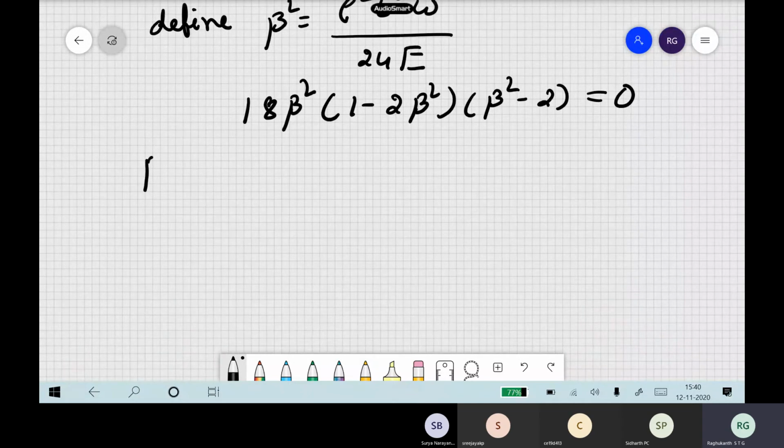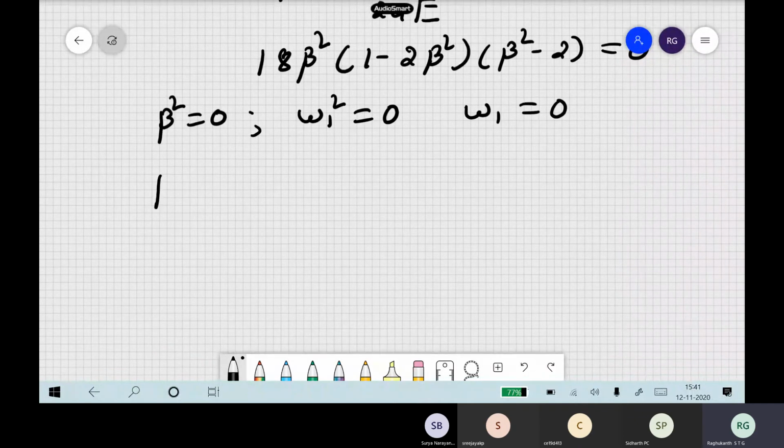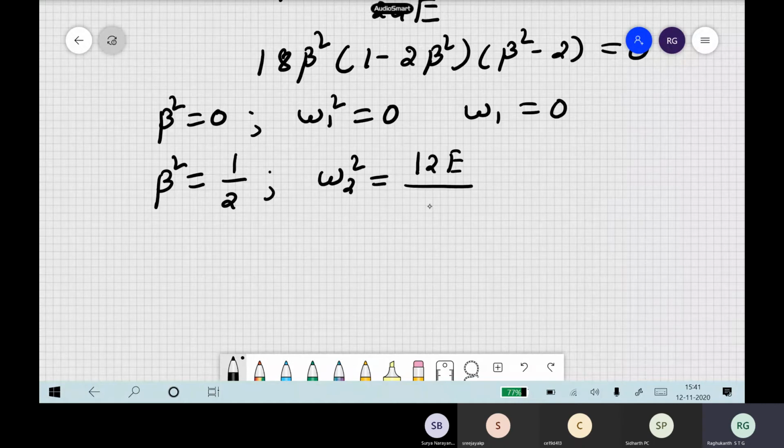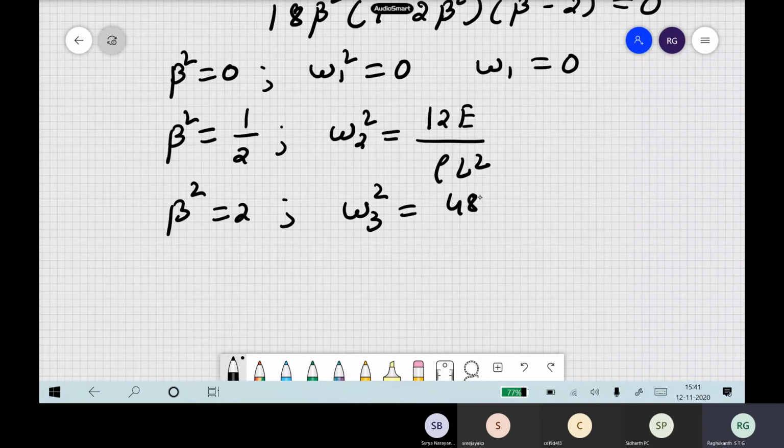The first root, beta square is 0, which means omega 1 square is 0, that means omega 1 is 0. The first natural frequency is a zero frequency. If beta square is a half, the second root, omega 2 square is 12E by rho L square. And the third root, beta square is 2, which means omega 3 square is equal to 48E by rho L square.